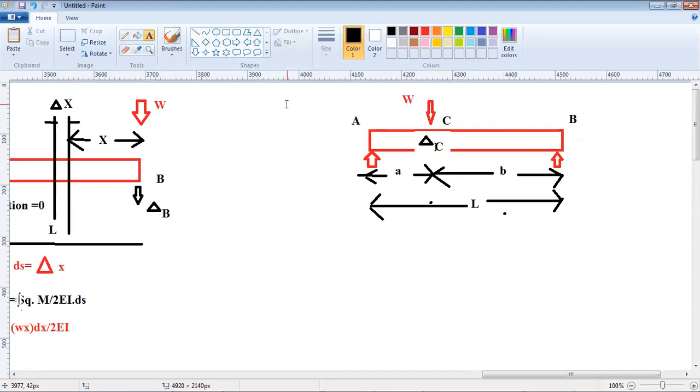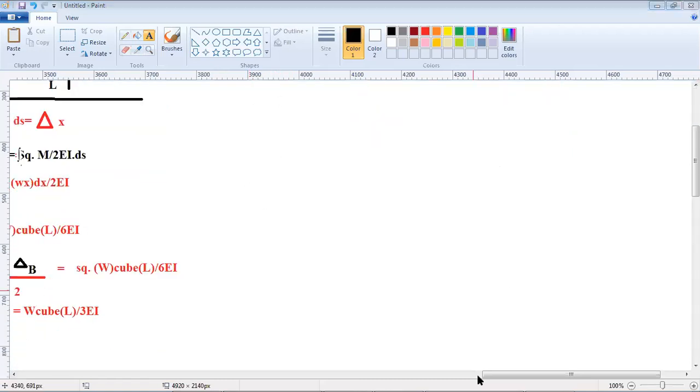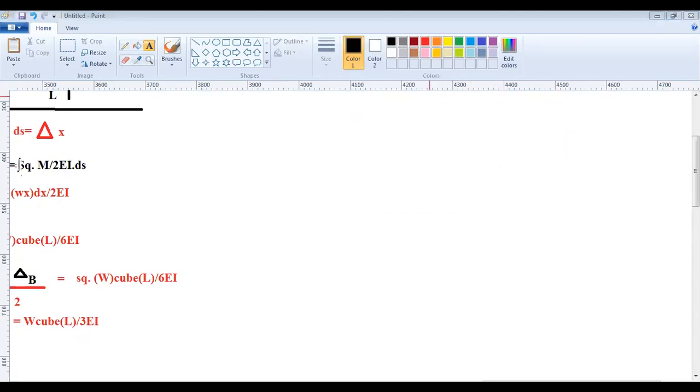This is the question that you will be doing yourself. Then we would move to the next question. We can also determine the slope of any beam. We can solve that question as well. First, I'll end this session, then we'll join again.